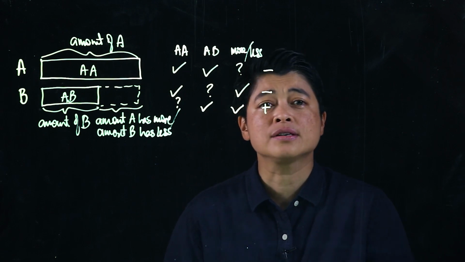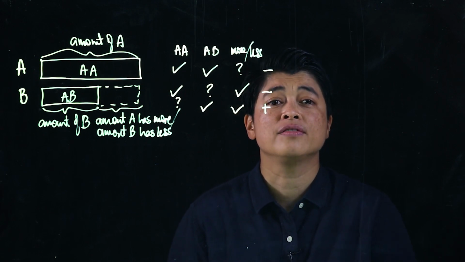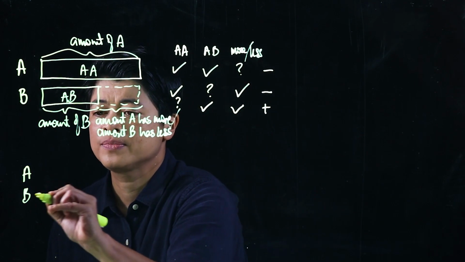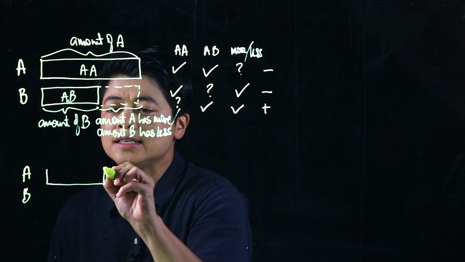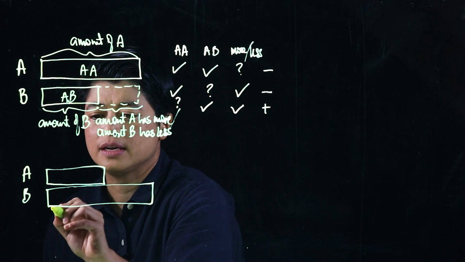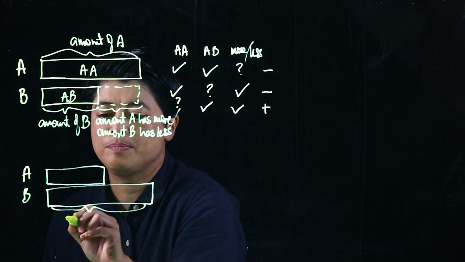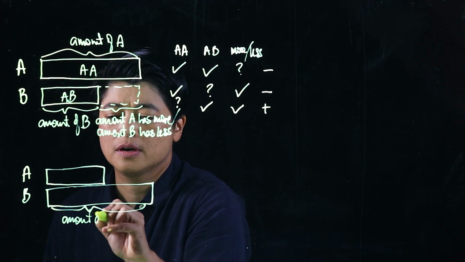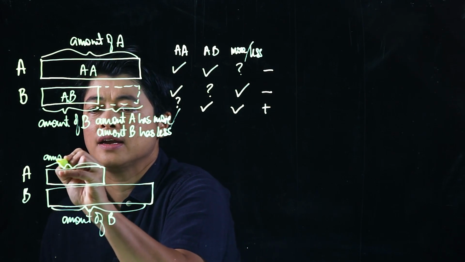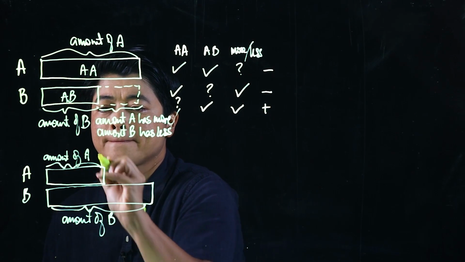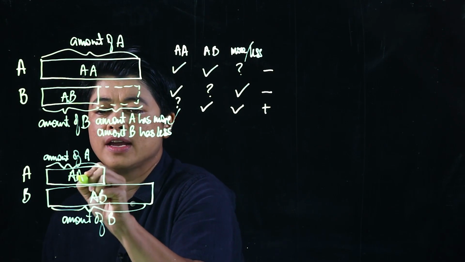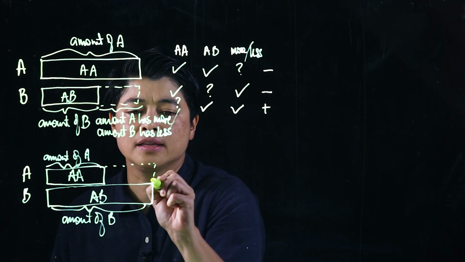And it's always connected to the first lesson of the chapter. Which means the second drawing is A has less and B has more. So this is the amount of B, and this is the amount of A. This is dotted.